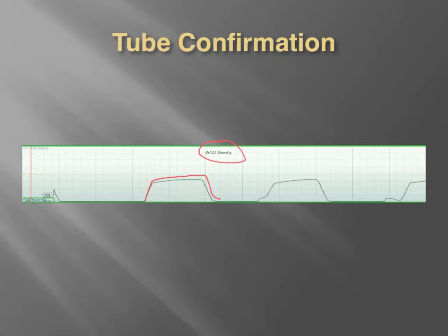Remember, these are about 10-second strips, and 3 times 6 is 18, so it's a little bit quicker than what we normally do, but for the purpose of tube confirmation, I don't get too worked up about that. If this continues on, then we're going to have problems. So the waveform's nice and pretty, the waveform height is real nice, and our rate and regularity is pretty decent from this point.